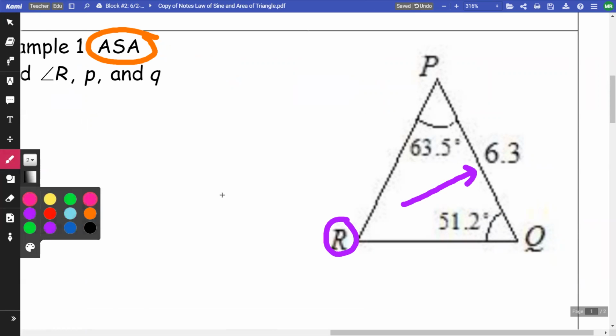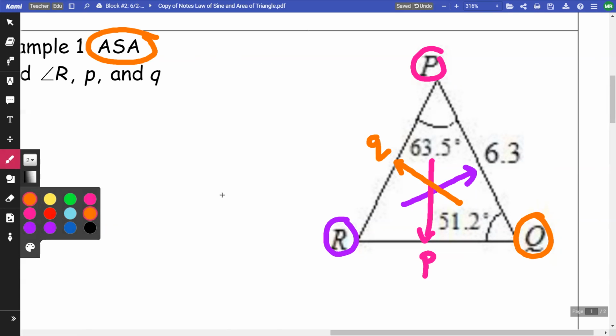This angle P is going to go across from little p. And this angle Q here, which is 51.2, across from it is going to be little q.